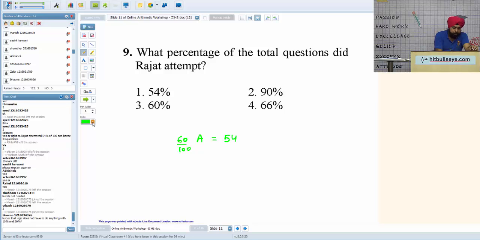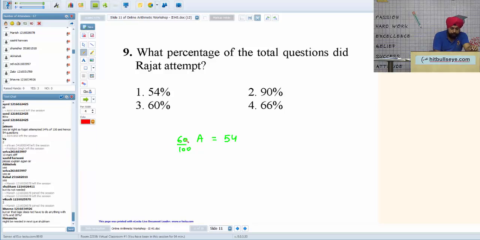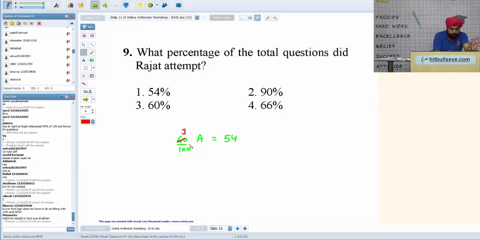So 60% of his attempts is 54 marks. Just solve it, students. This means the attempts done by Rajat is that of 90 marks. As it is 1 mark per question, he attempts 90% of the questions.